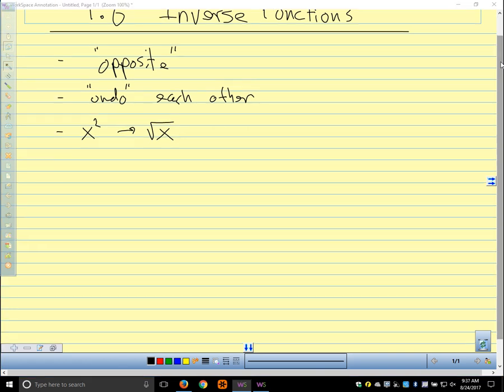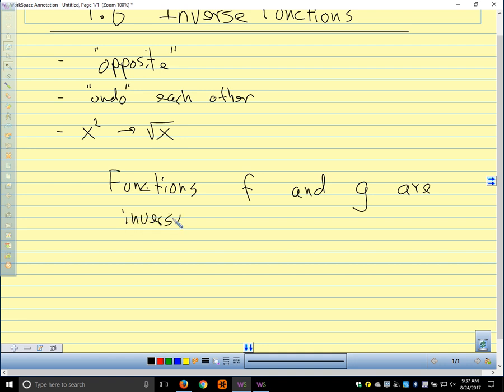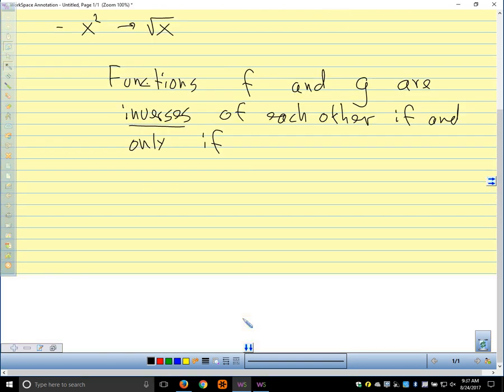So what that means, just to make that a little more formal, we're going to say functions f and g are inverses of each other if and only if. Inverses have to do with compositions.